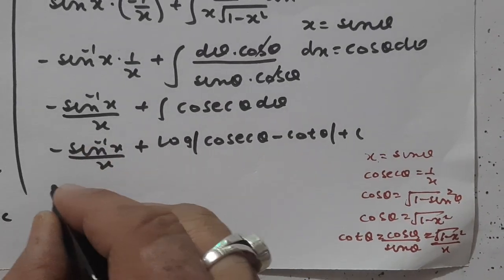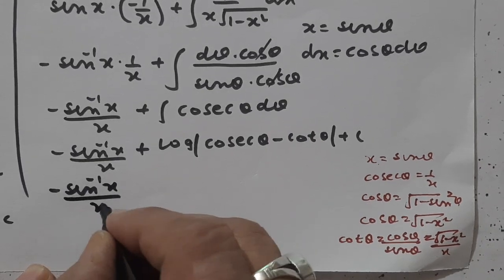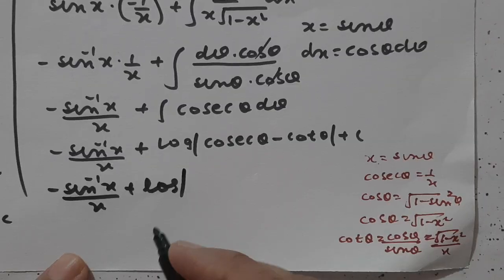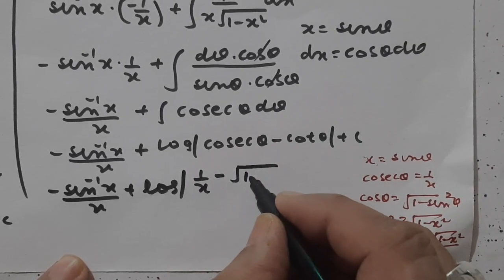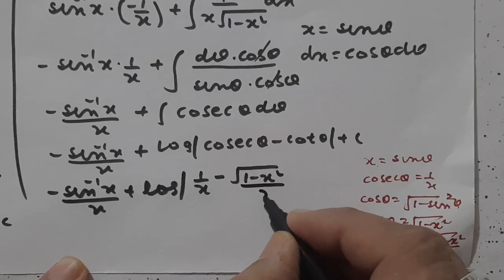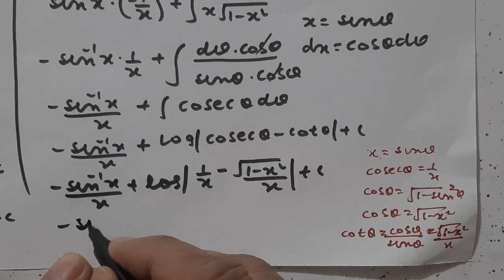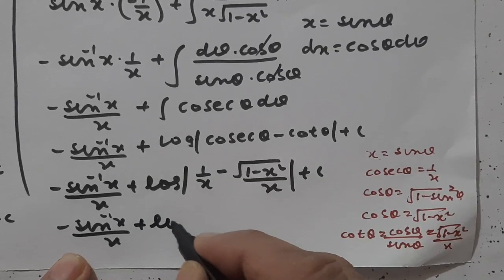Now see here, what we write: minus of sine inverse x by x plus log, in place of cosecant we write 1 by x and in place of cot theta we write under root 1 minus x square upon x, plus c. So the final answer will be sine inverse x upon x plus log.